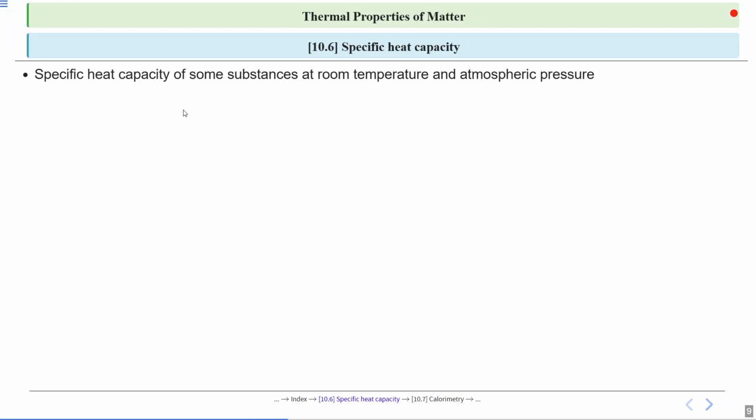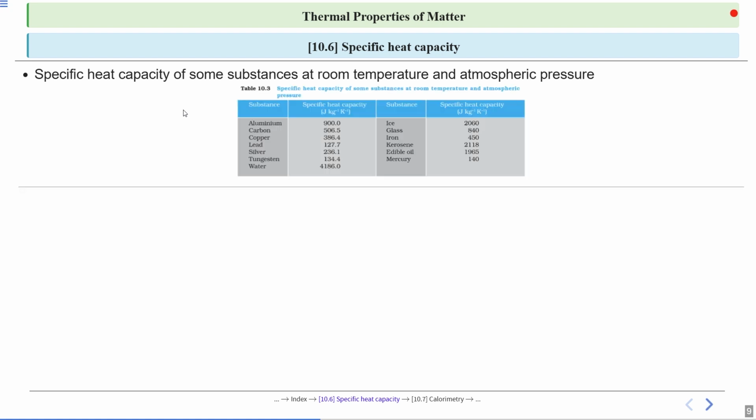Specific heat capacity of some substances at room temperature and atmospheric pressure. So here we have Table 10.3 that shows the specific heat capacity of some substances at room temperature and atmospheric pressure. For aluminium, the specific heat capacity is 900 joule per kg per Kelvin.